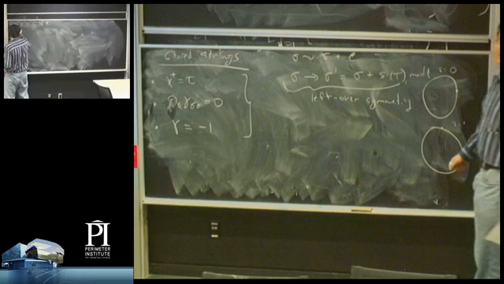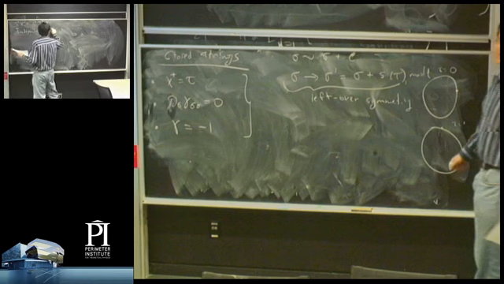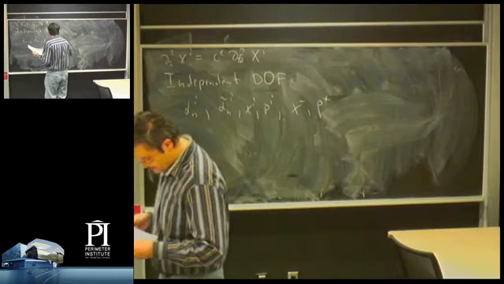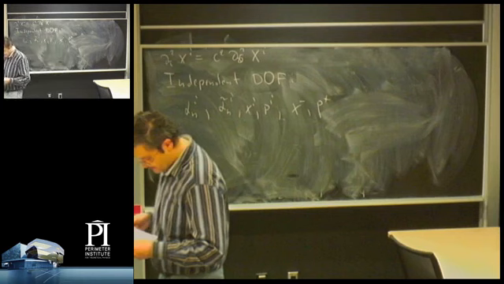Now, independent degrees of freedom. So now we have twice as many oscillators. And then I have center of mass. And then I have x minus and x plus and p plus.